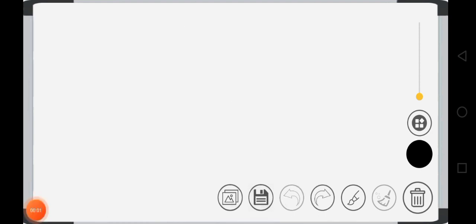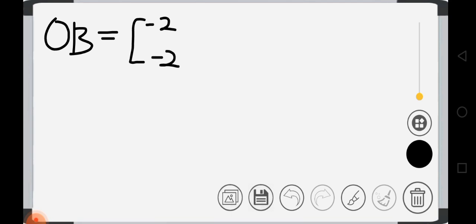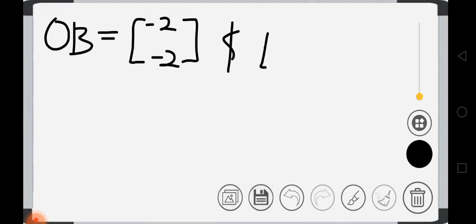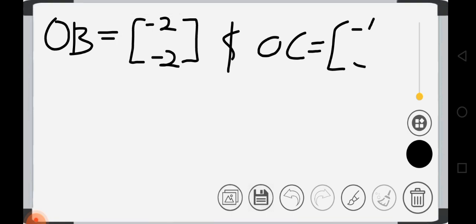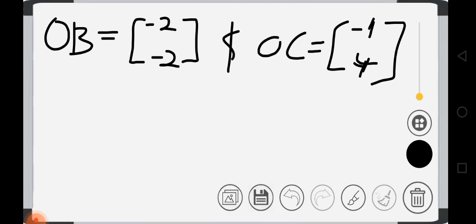So let's look at this. If OB is equal to minus 2, minus 2, and OC is equal to minus 1, 4, find BC.